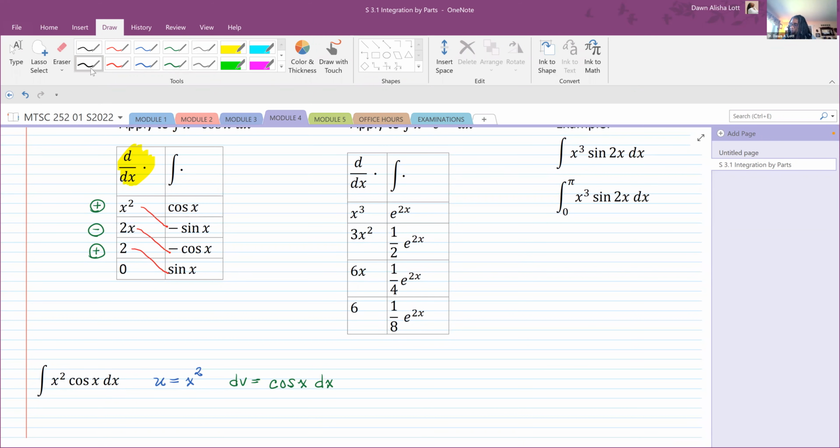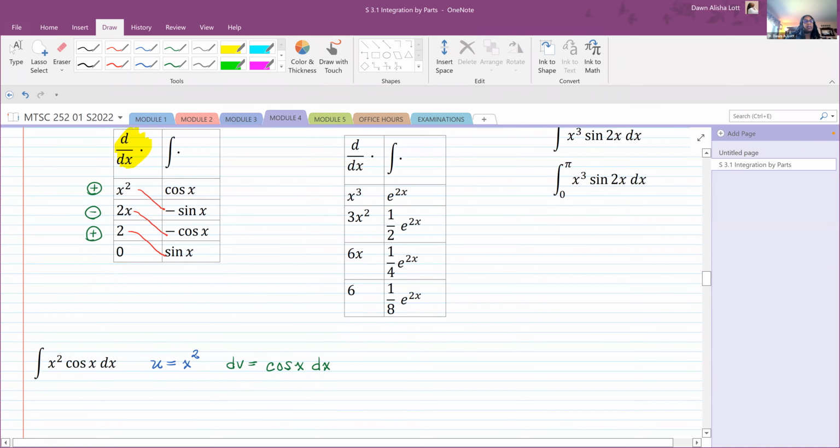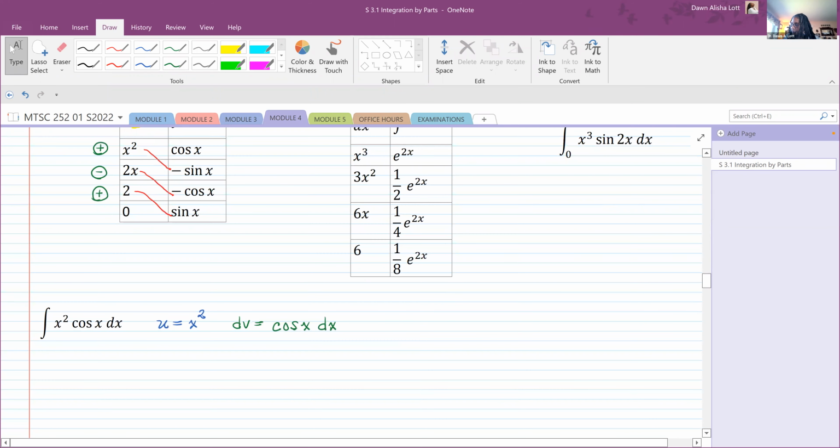Okay, so here we go. The integral of x squared cosine of x, where u is equal to x squared and dv is equal to cosine of x, is going to be: the first sign is positive, so that is x squared times negative sine x. That is wrong.